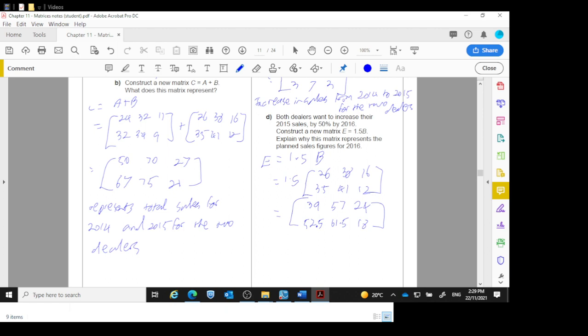Explain why this represents the planned sales figures: it's because by multiplying the 2015 year by a scalar of 1.5 has the effect, effect, not affect, of increasing each value by 50%, which is what we wanted.